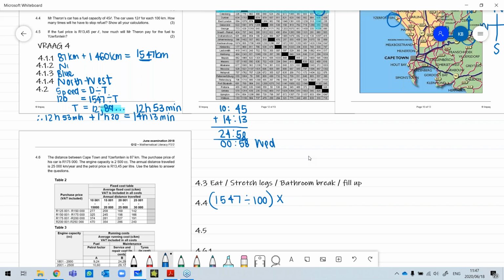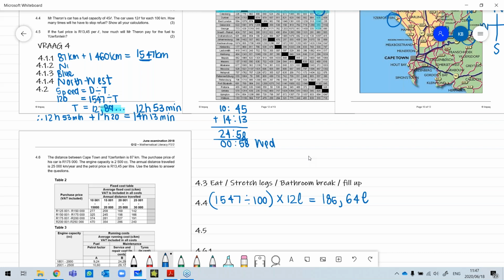Our answer, we are therefore going to multiply by 12 liters. If we type this into our calculator, we get an answer of 185,64 liters. So that means this is the amount of fuel that he is going to be using to drive all the way from Pretoria to Eiserfontein.